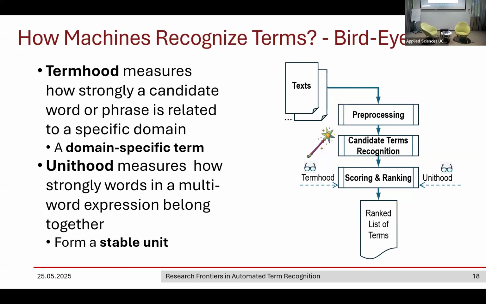And the frequencies would be arguments in favor or not in favor of that decision. So after the candidates are ranked and scored, the top candidates, which are with the confidences or rankings above the threshold, are left in the set of extracted or recognized terms, and the rest is just junked. So we arrive at the ranked list of terms.